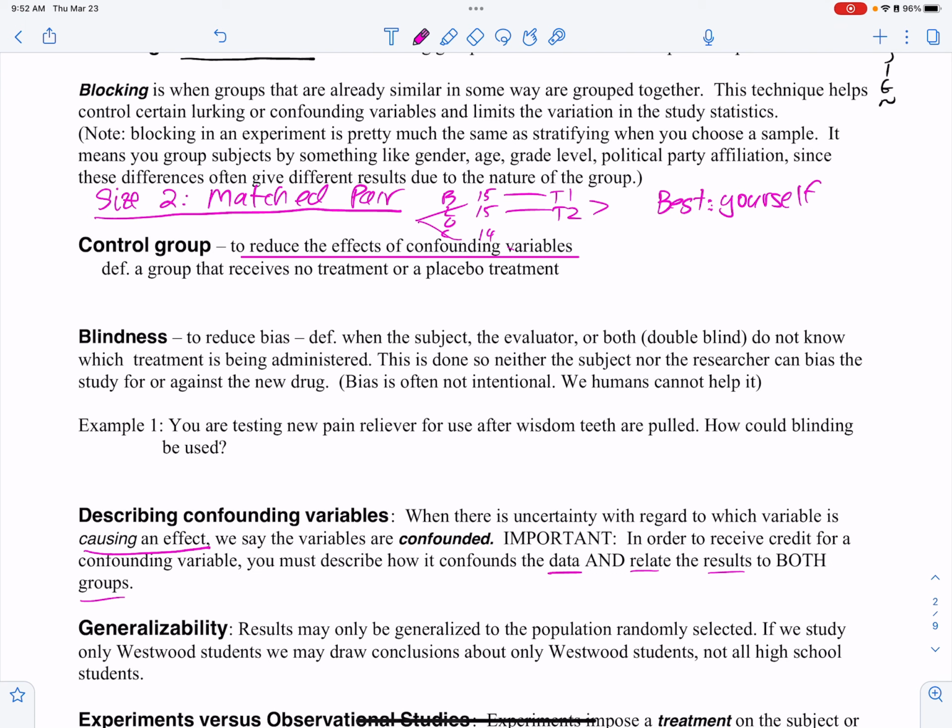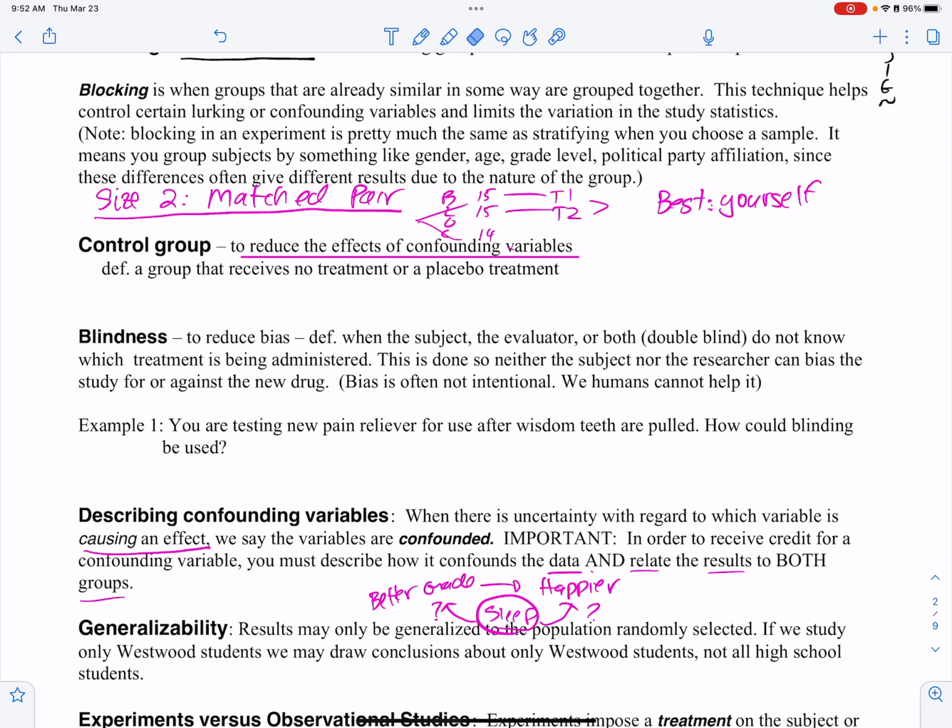So for instance, if I say do better grades make me happier, and that's what I'm studying, or is it sleep that makes me happier? And I didn't control sleep, right? And so sleep would be my confounding variable. Does sleep give me better grades? Does sleep make me happier? This is a confounding variable, and it's relating to both of them, so I'm not sure.